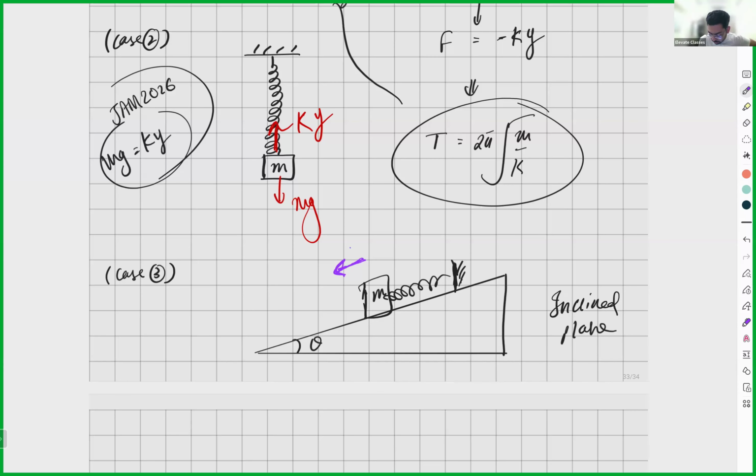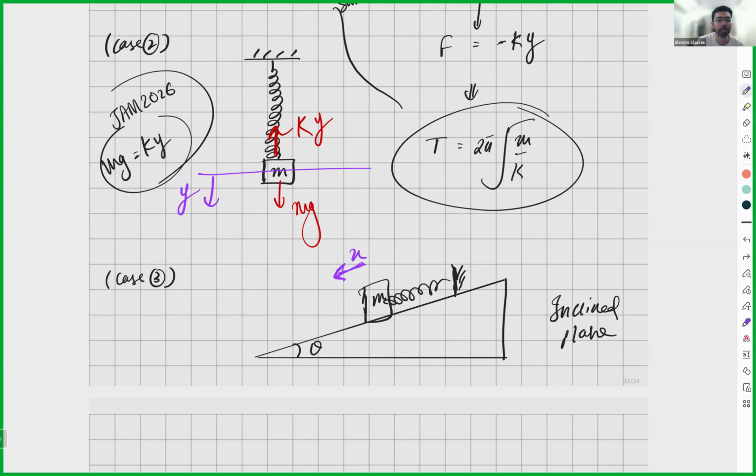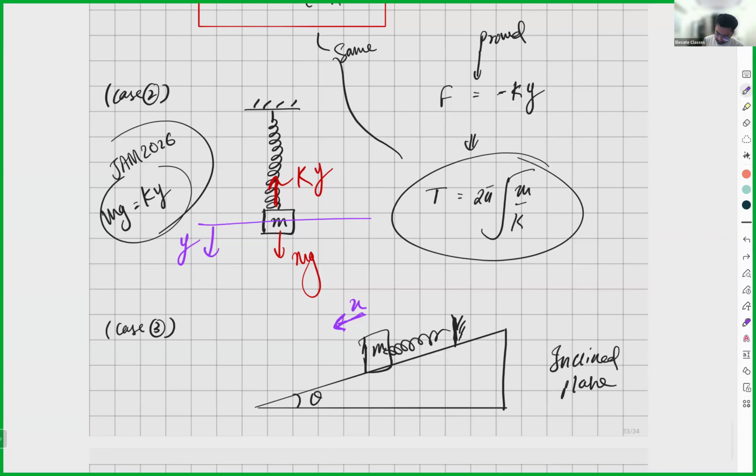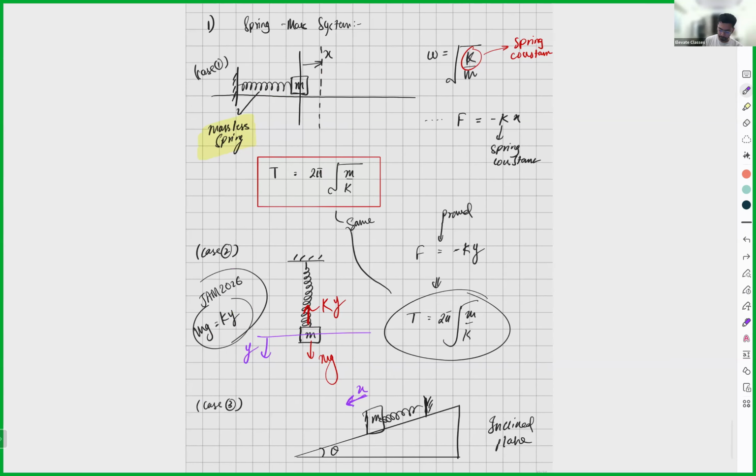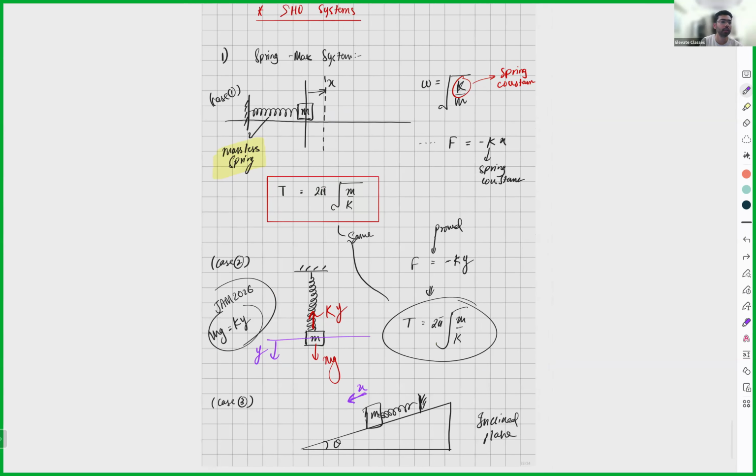Here, if you give a slight displacement along the y direction, only then will the oscillations start. Similarly, here you give a slight displacement from the equilibrium position, then you have to tell me what the time period will be. Will it be different? Will it be the same? You can try and make the free body diagram of mass m.